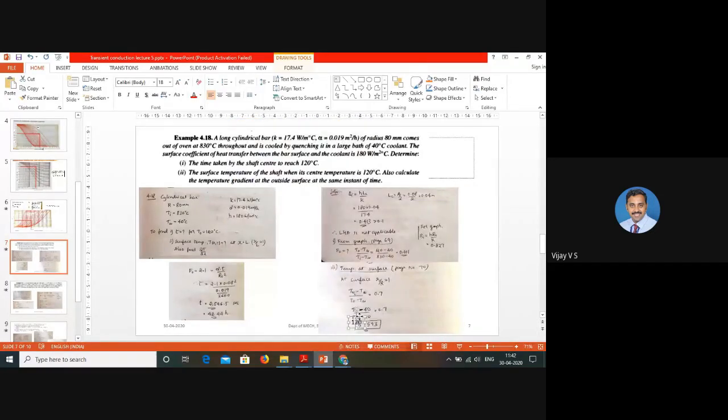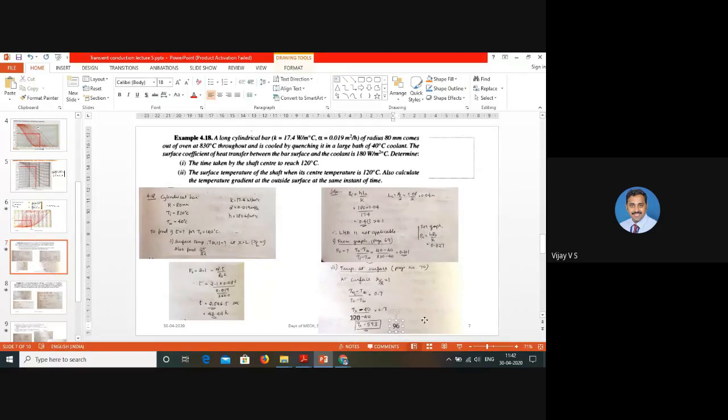If you put 120, you get 120 minus 40, which is 80. 80 into 0.7 is 56, so you will get 96. So the answer is 96 you should get. Sorry for the mistake.